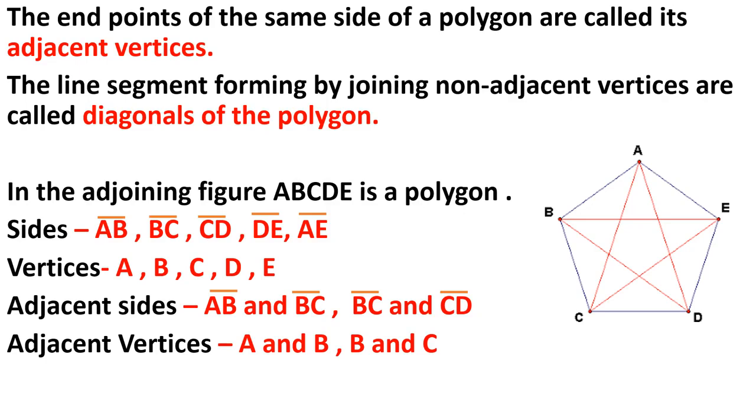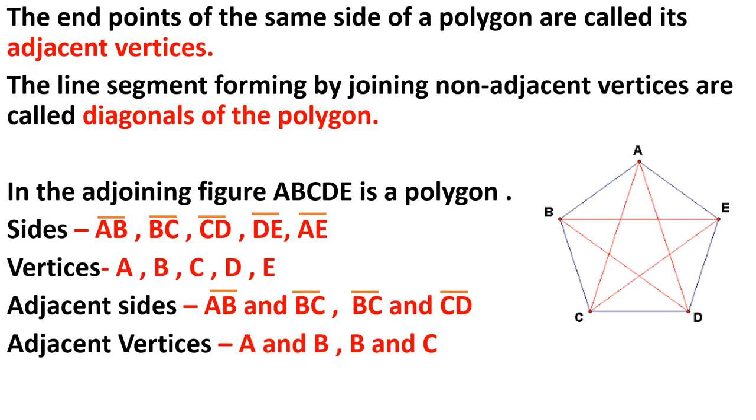So AB, BC, CD, DE and AE, these are the 5 sides. Now vertices. What have I told you about vertices? Vertices are the end points of the line segments. So here the vertices are A, B, C, D, E, or we can say corners also.